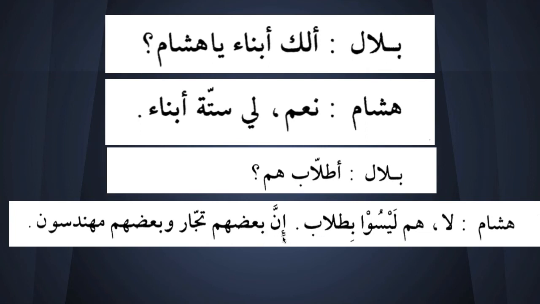Inna ba'dahum. So it's not ba'dahum. We know ism laysa is mansub. So we have inna ba'dahum tujjarun. See, khabar laysa is marfu. Tujjarun, one word. Wa ba'dahum muhandisuna. See, muhandisuna, you get 2 patterns of plurals here, broken plurals and jama muzakkar salim. So waw is a sign of marfu. So all these things come to your understanding.